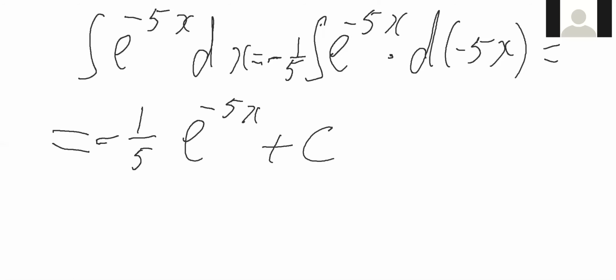Okay, next example. Let's find the integral dx over x plus 5.